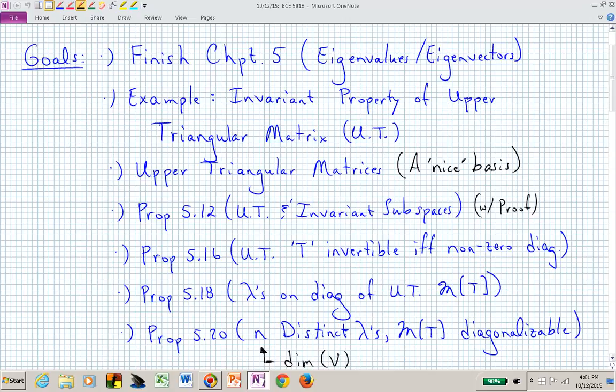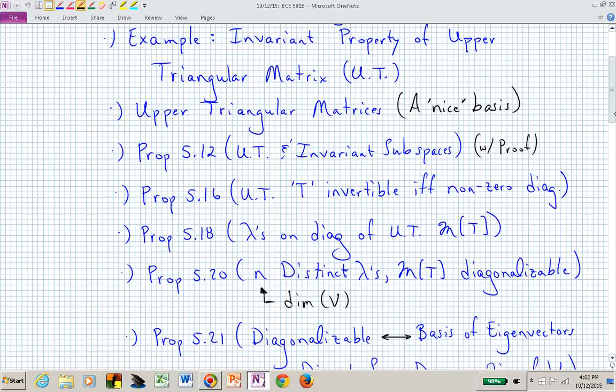Before I slide a little bit further on our list of goals, it looks like we're dealing with the even numbered propositions. We have 12, 16, 18, and 20 to cover, but we're not just restricting attention to the even numbers.